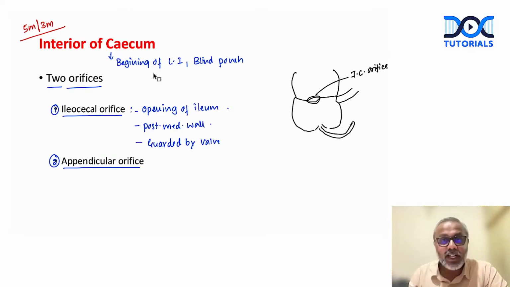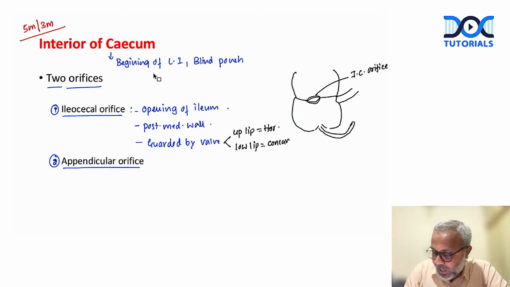Then guarded by a valve which has an upper lip and lower lip. The upper lip is usually horizontal, the lower lip is concave above. Right? Where both the lips join, this is called the frenula. These are the things we need to write.